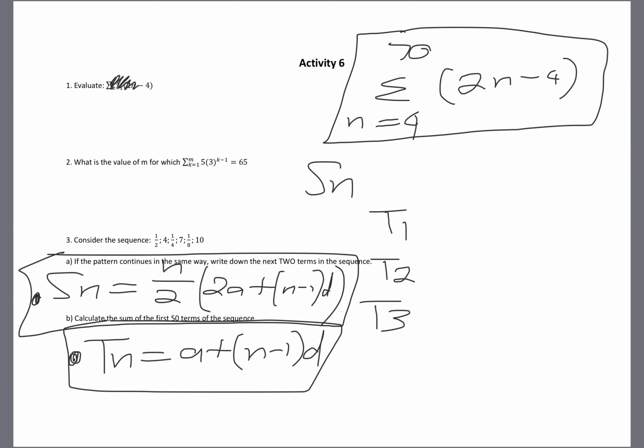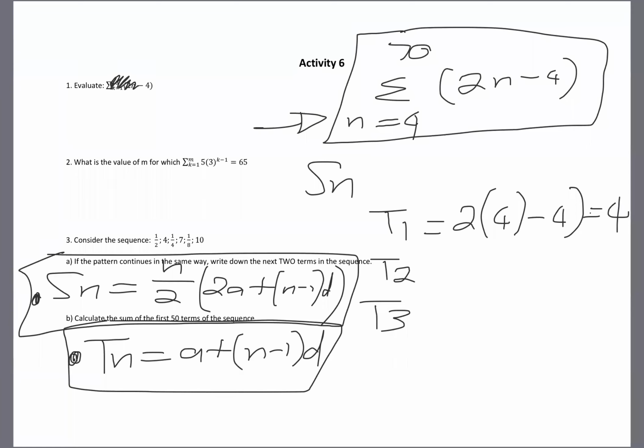So now, my T1: remember I said we start at the bottom, where n is equal to 4. So for my T1 I substitute the 4. I'm going to say 2 multiplied by 4 minus 4, which is equal to 4. Are you with me?